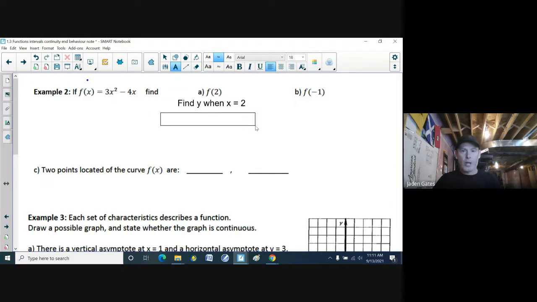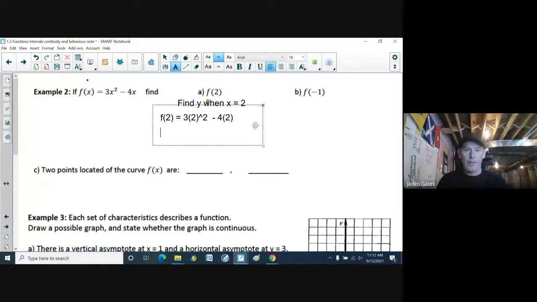And so for a, we have our function here, which is 3x squared minus 4x. To find f of 2, I've got 3 times x, and we know x is 2, so 3 times 2 squared, minus 4 times 2. Again, I have to substitute the x in, which is now 2.